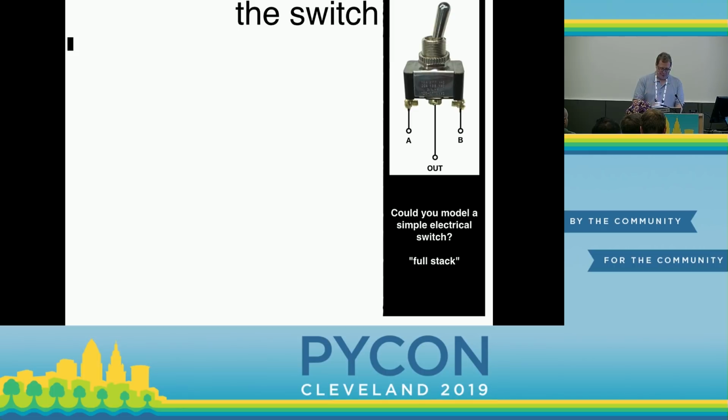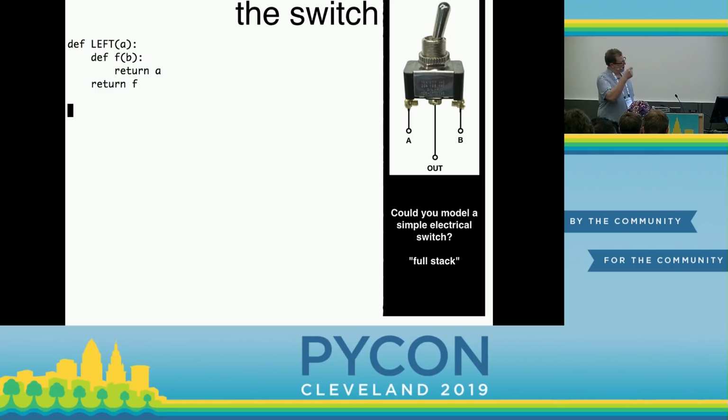But the way it's going to work is going to be a little strange. I'm going to write a function left that takes in a single argument, because everything has to take a single argument. And then inside, I'm going to define a function f that returns the A, and then I return the function back.